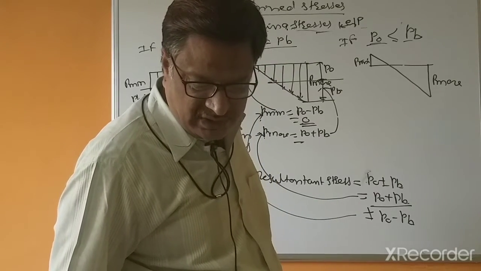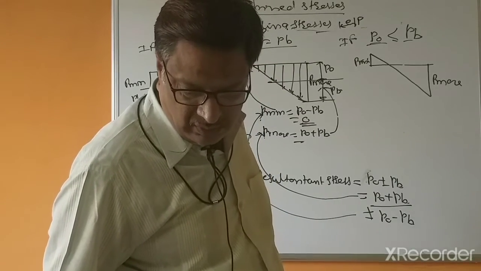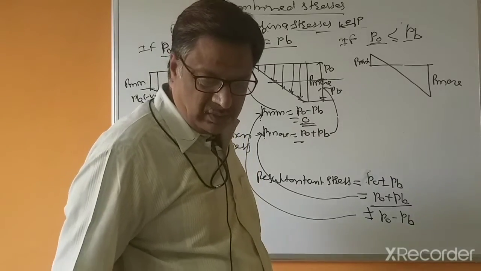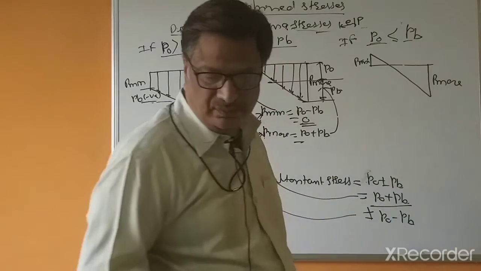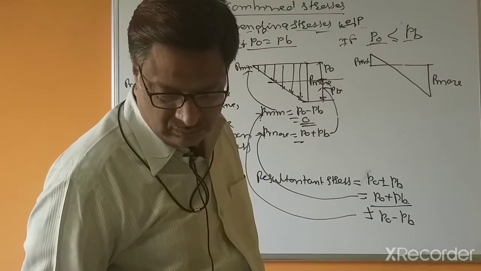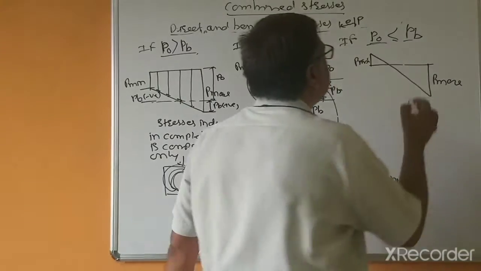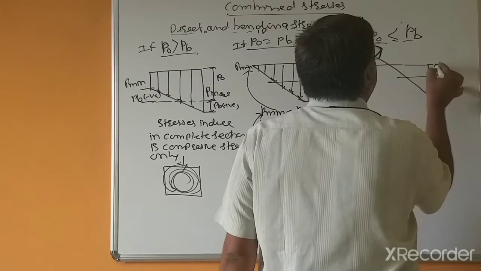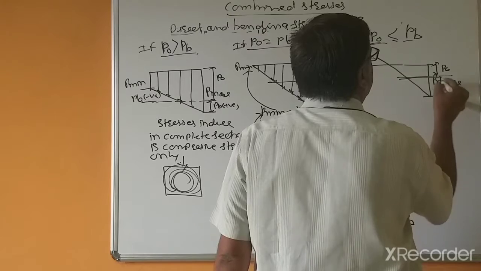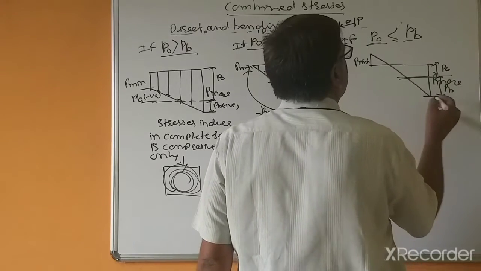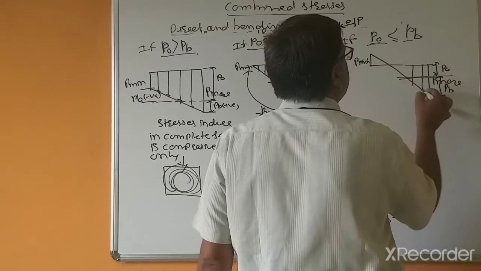So in this case, this is P0 and this is PB and this is maximum.